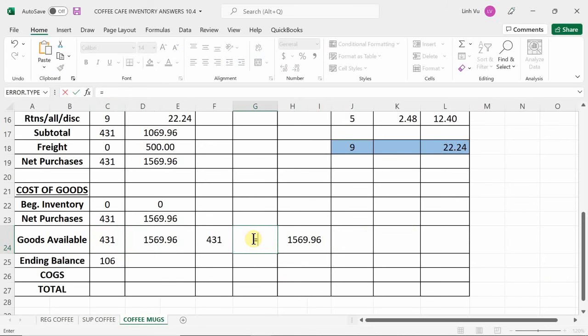You just divide the total cost by the quantity. So 1569.96 divided by 431. And what's my average cost per coffee mug? $3.64.